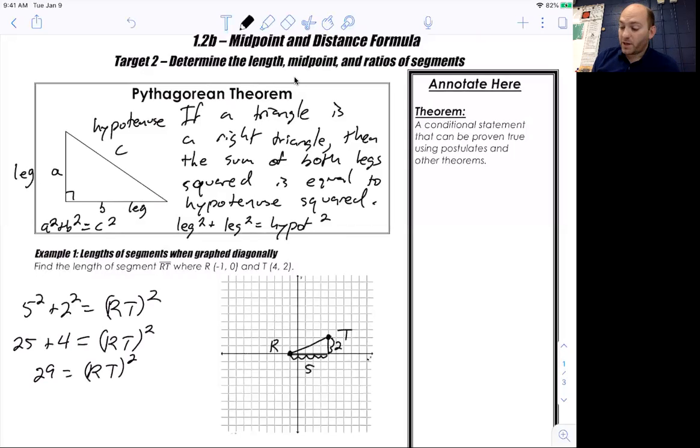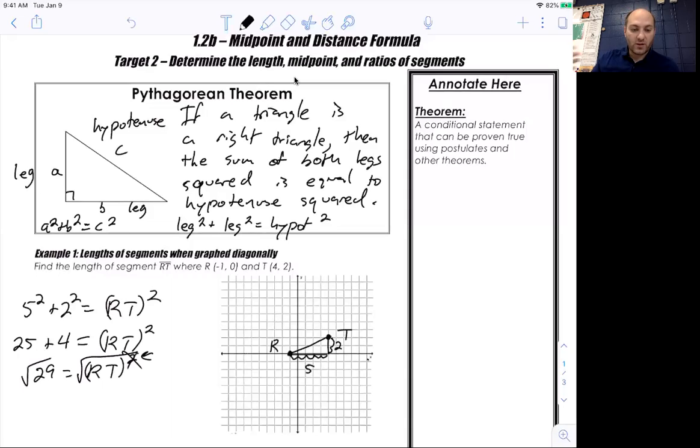The thing to remember is, if I want to undo that squared, I need to take the opposite of squaring, which is the square root. If I take the square root of both sides, I'm able to cancel out the squared.